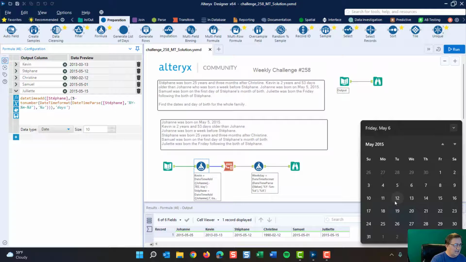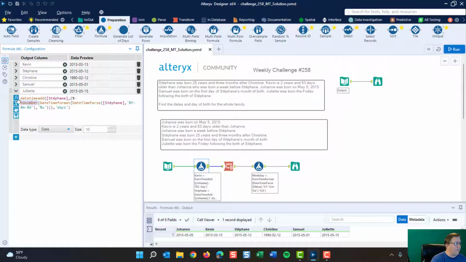So what do we need to add to this? We turn that into a number format, and then we add the 5 minus the 2, and that equals 3. And so we're date time adding 3 days. 5 minus 2 is 3. We're date time adding Stefan 3 days, and that gets us to May 15, 3 days later.